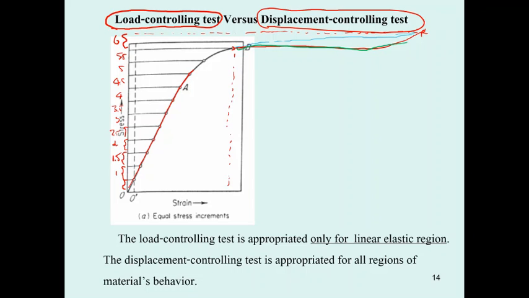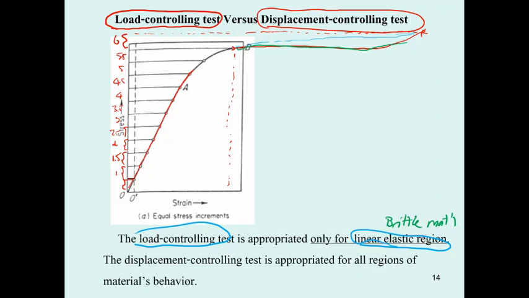So in conclusion, the load controlling test is good for the linear elastic region. It is also good for brittle material, because brittle material is linear elastic until failure.